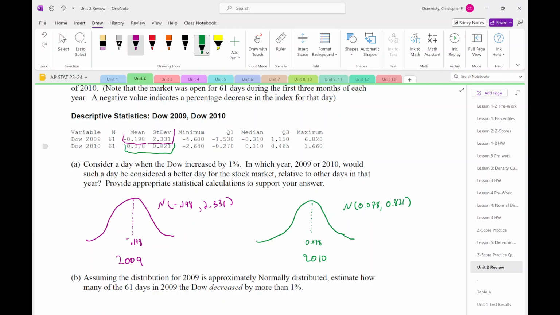So in 2009, that would be over here. Yeah, something like that. So there's 1. Actually, we don't need to shade.